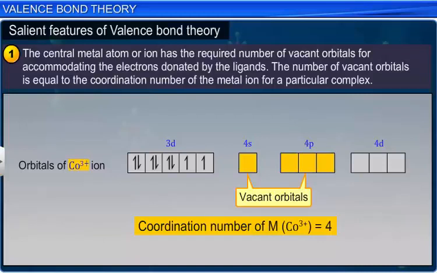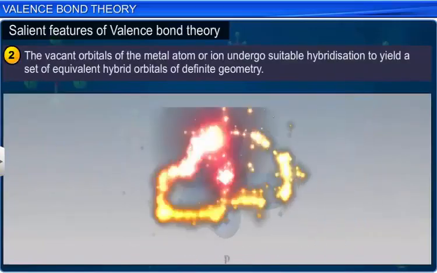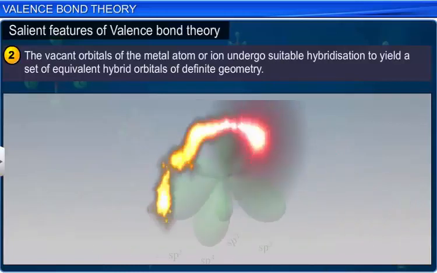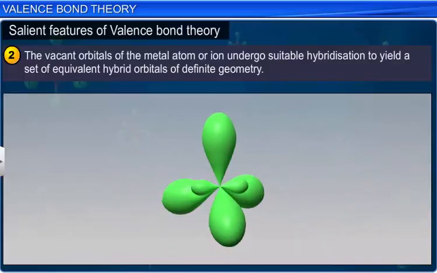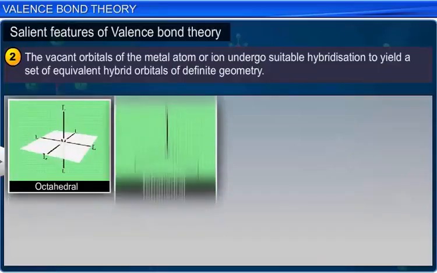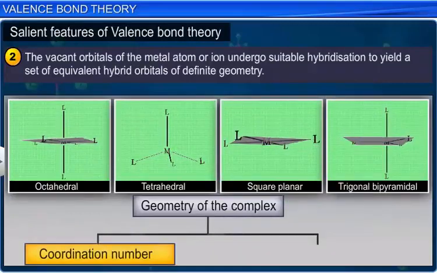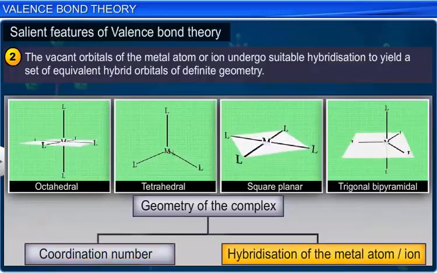The vacant orbitals of the metal atom or ion undergo suitable hybridization to yield a set of equivalent hybrid orbitals of definite geometry. The geometry of the complex can be predicted based on the coordination number and the hybridization of the metal atom or ion.